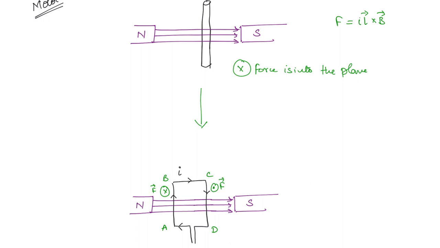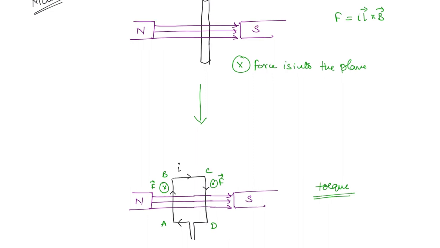Now here a torque is formed, right? One side is being pushed down, the other side is being pushed up. So equal magnitude of force is being experienced by the coil at two different locations in different directions. This is nothing but the torque. So when we used a coil, we could produce a torque.